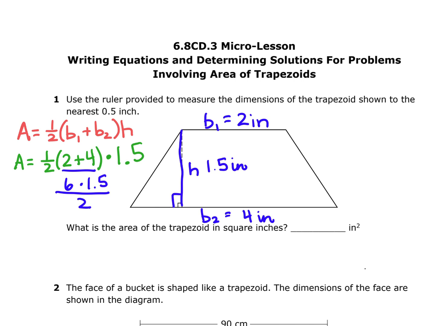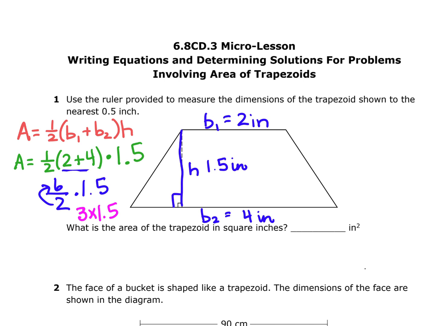It doesn't matter because over here I could have rewritten this like this: 6 divided by 2 times 1.5, which is the same thing. All right, and so 2 goes into 6 3 whole times. So my new number is 3 times 1.5. Or in this case, if it's easier for you to see the x, then you can write the x.